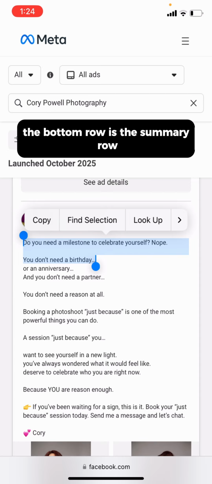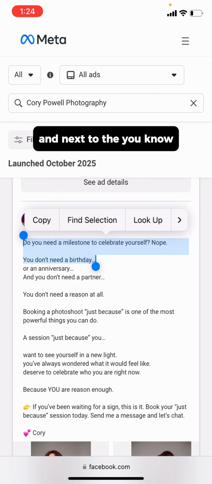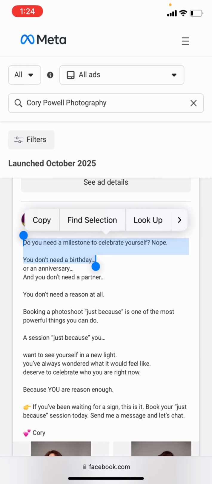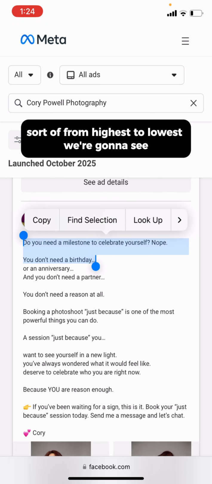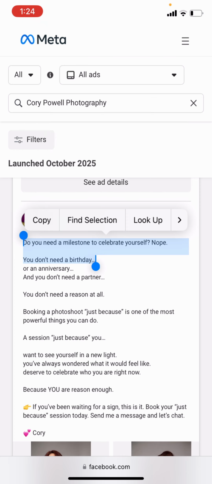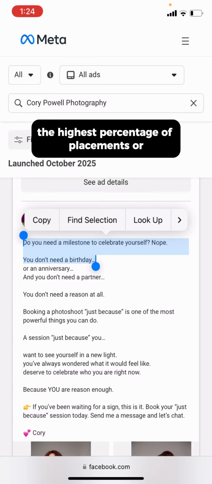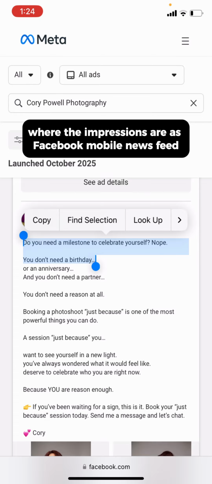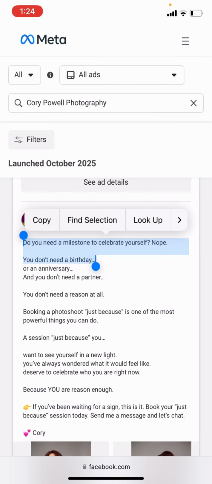The bottom row is the summary row. And on the bottom left, there's a little arrow to bring up the summary row. If we bring up the summary row, and we got placements breakdown enabled sorted from highest to lowest, we're going to see the highest percentage of placements, or the most placements where the impressions are, is Facebook mobile newsfeed.